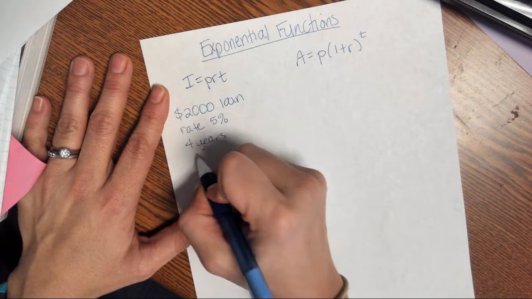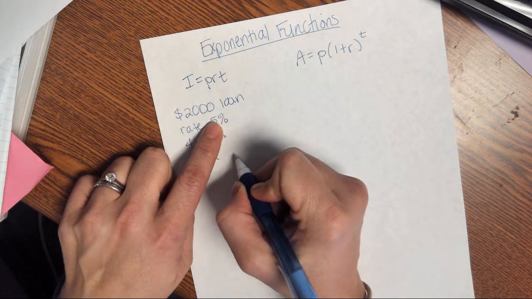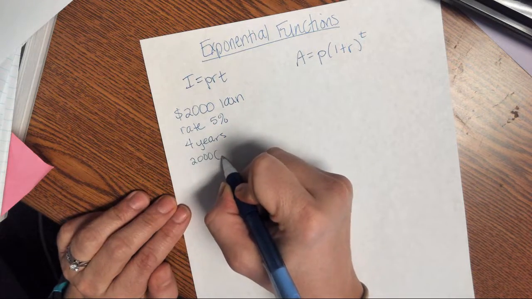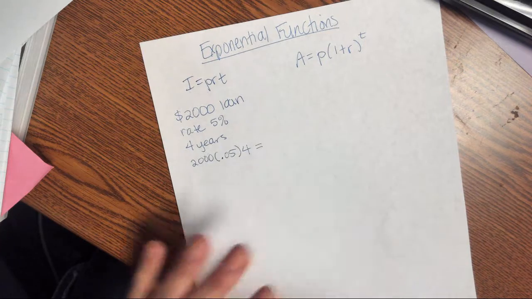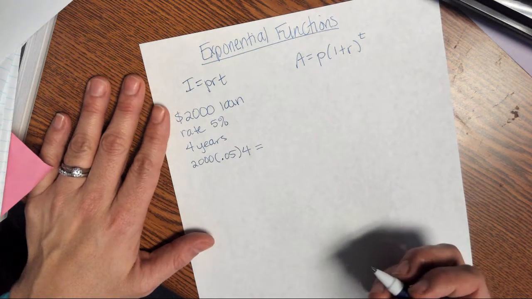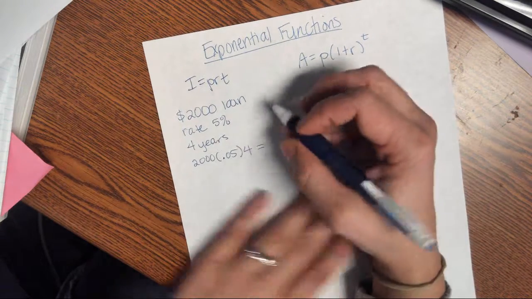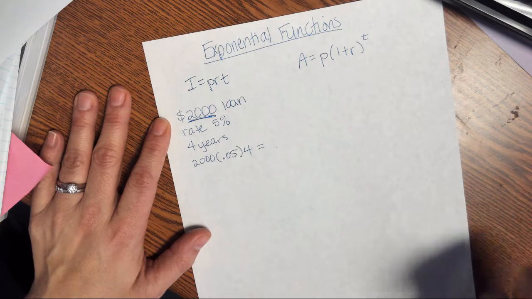So remember, you did $2,000 times the interest rate, but the rate has to be a decimal, so it'd be 0.05 times the time. And you'd work that out, and you get the interest. And then that interest was added to your actual loan that you had to pay back.